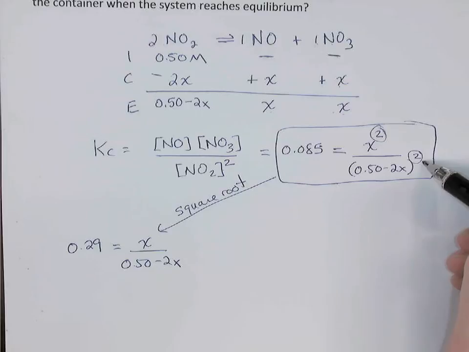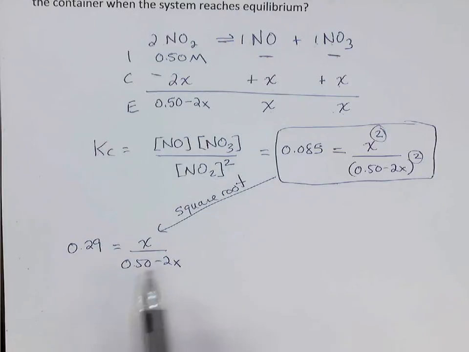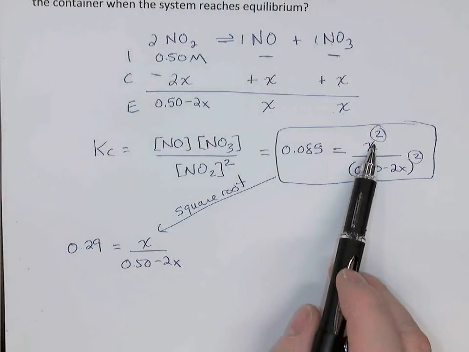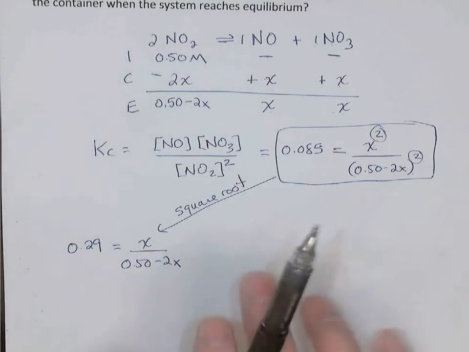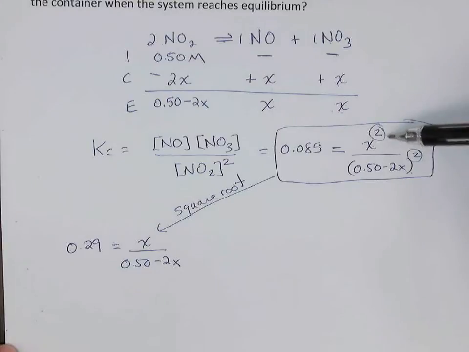Please, please, please do not make the silly algebra mistake of thinking that you can simply cancel those squares. You cannot cancel them, but you can get rid of them by square rooting. Now, if one of them was being squared, say the top, but not the bottom, then square rooting would not help here. You can only be helpful by square rooting if you have squared on top and on the bottom.